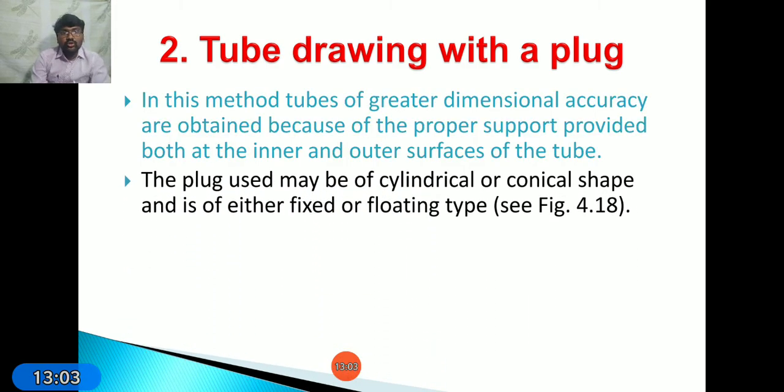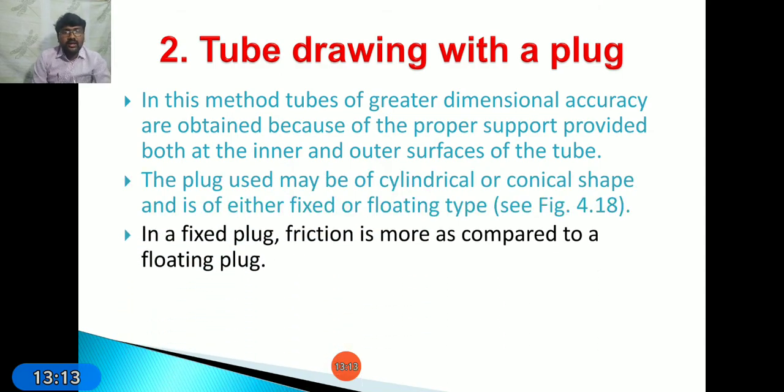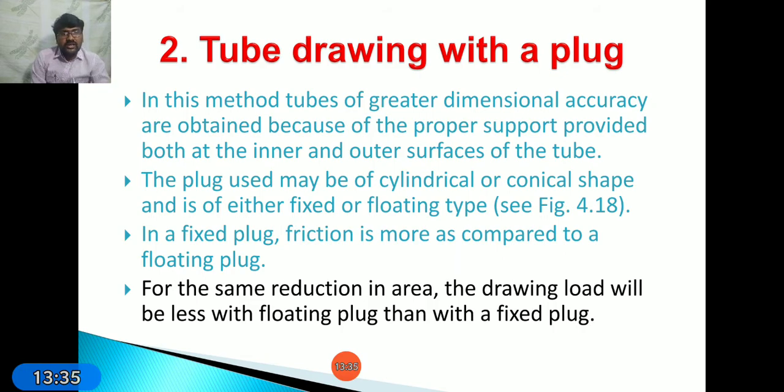Next, the plug used may be of cylindrical or conical shape and is of either fixed or floating type. In a fixed plug, the friction is more compared to a floating plug, because the fixed plug is in contact with the workpiece, so the friction increases. In the case of a floating plug, it moves with the workpiece, so the friction is reduced. Observe here, for the same reduction in area, the drawing load will be less with a floating plug than a fixed plug.